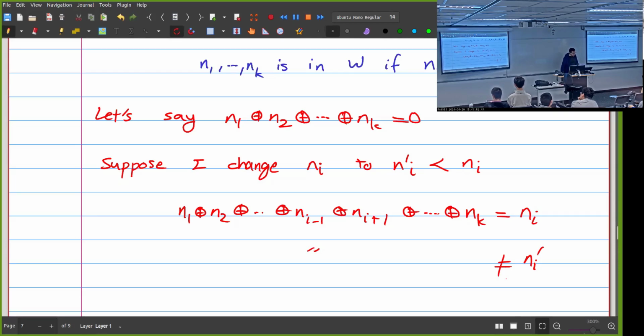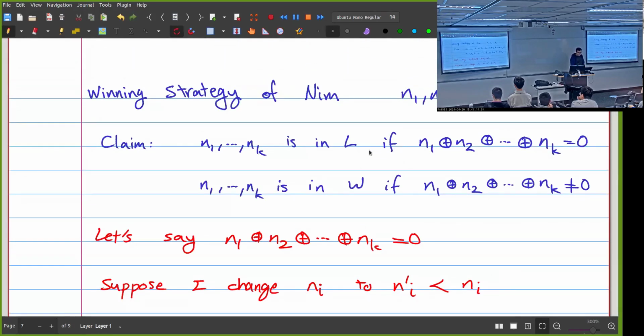So all I'm saying here is that if you have a bunch of numbers whose XOR is 0, and you change one of them, the resulting XOR would no longer be 0. Which is exactly what I needed, because I wanted to say that if I'm in a losing position, where the XOR is 0, I cannot keep the XOR 0. No matter how I move, the XOR will become non-zero. And I'm claiming that when the XOR is non-zero, the other player actually has a winning strategy.